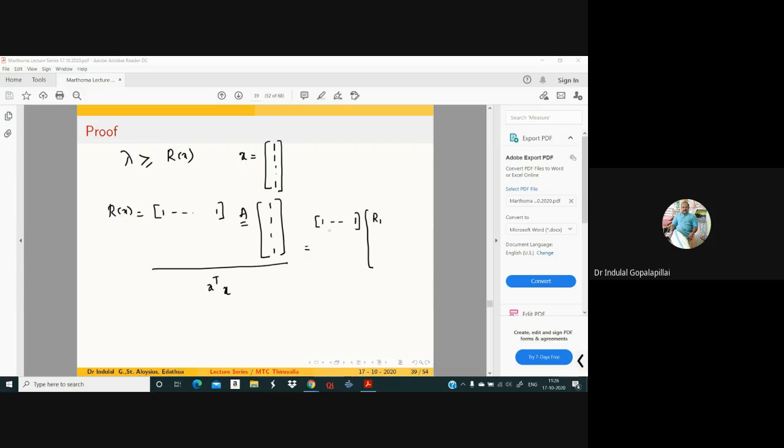And the second row of A multiplied with this gives the second row sum, etc. And at the last we get the nth row sum, divided by x transpose x, which is 1, 1, 1, etc. multiplied by this, you get n. And the numerator, when this row vector is multiplied with this column vector, gives R1 plus R2 plus etc. plus Rn, by n.